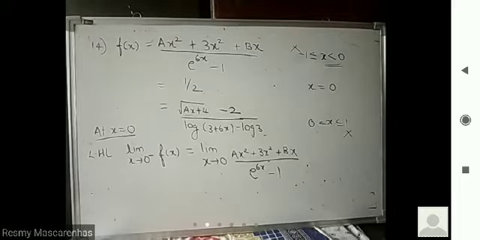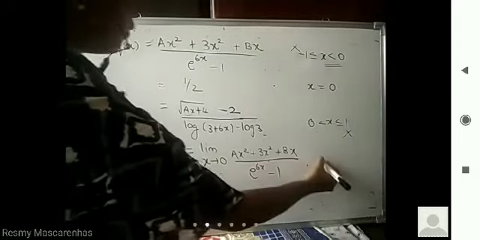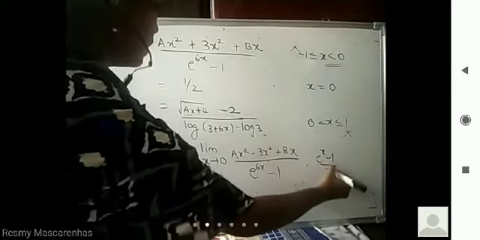Now you have to try to find the limit. The denominator, if you see, should be in the form of e raised to x minus 1 upon x.